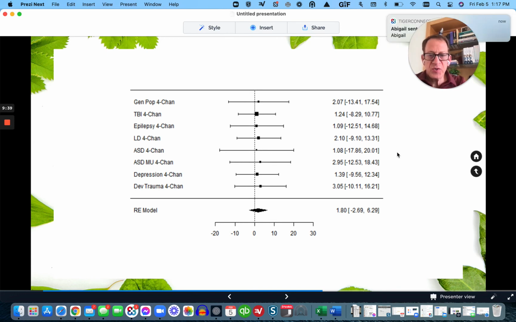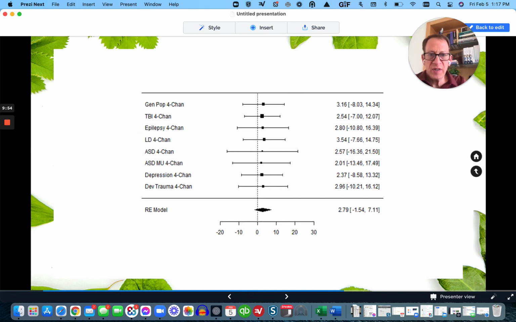So it's very interesting. LD, ASD, developmental trauma, anxiety disorder, PTSD, those seem to have the greatest impacts for whatever reason, we don't know. But all of these are very significant. The general notion here is that was in terms of clinical effects.